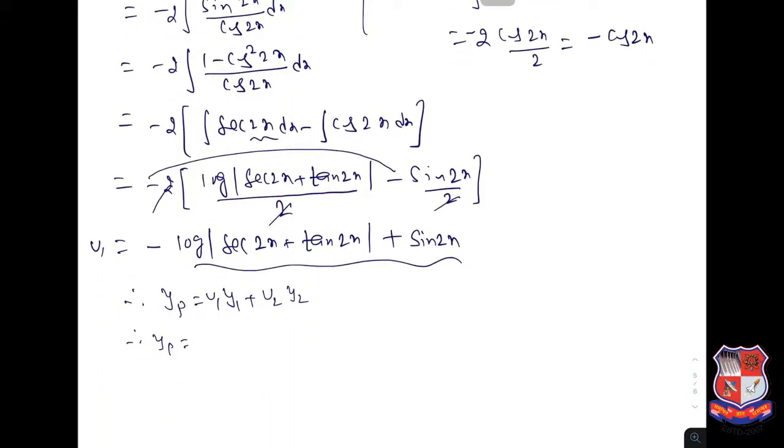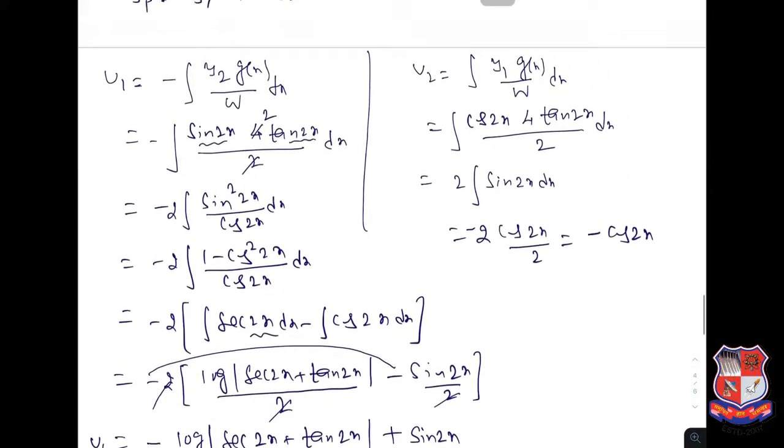So this is cosine 2x multiplied with this u1, so into minus log sec 2x plus tan 2x plus sin 2x. So this is u1 y1 plus u2 y2.